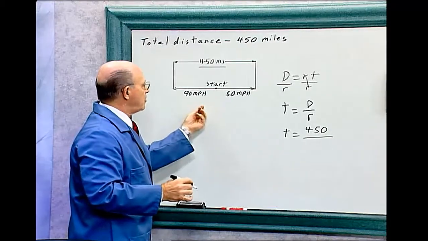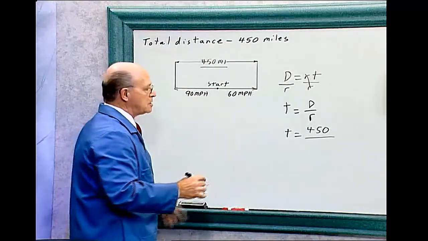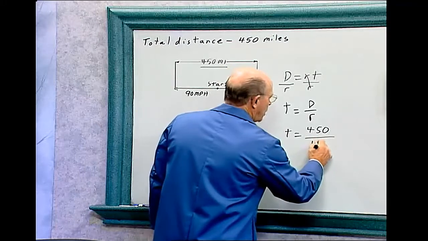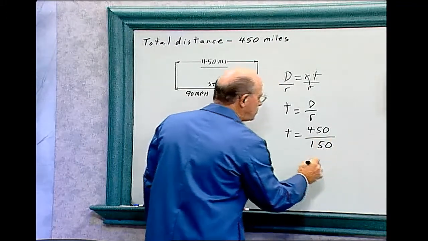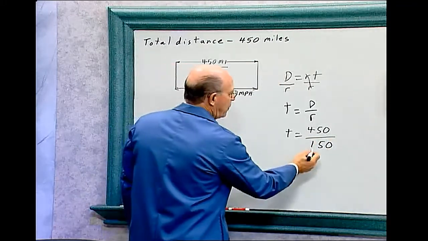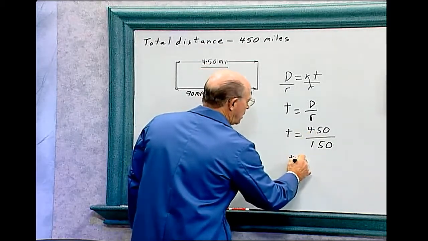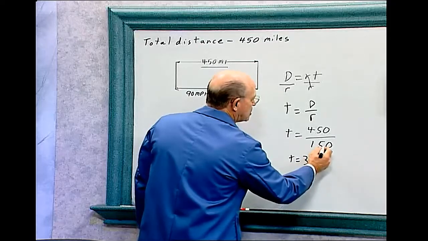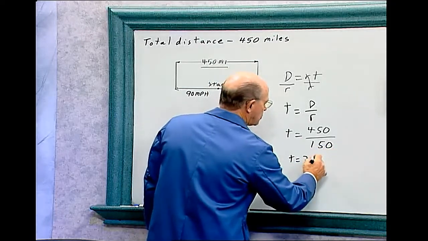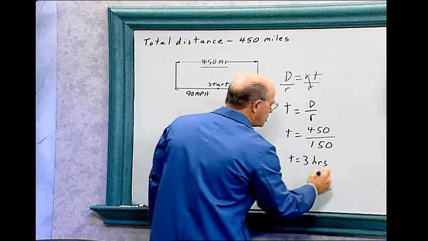So we combine them, they're traveling at 150 miles per hour, so it's 150. And 150 divides into 450, t equals 3, and remember this is miles per hour, so it's 3 hours.